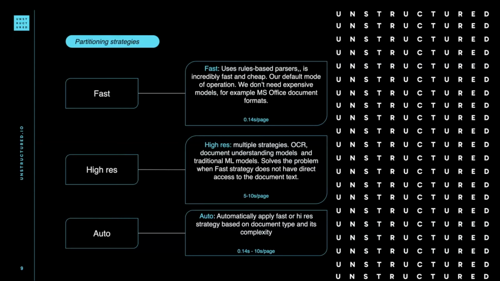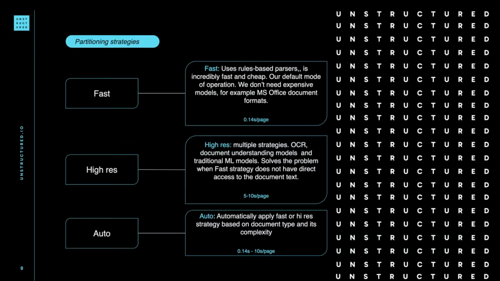But this strategy also can be used with some kinds of PDFs. So if your PDFs contain only text, no tables, no images, in some cases, we are able to extract that text with rule-based parsers. And in this case, you're going to get super fast performance.